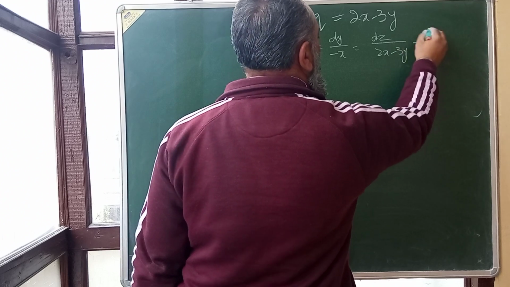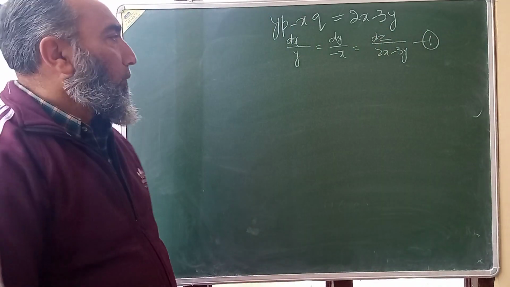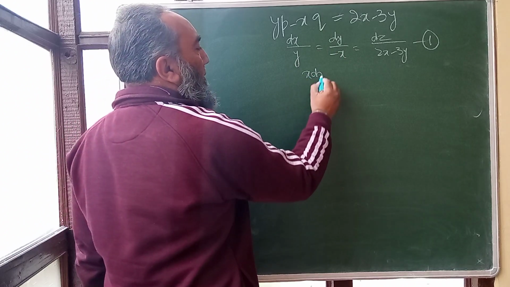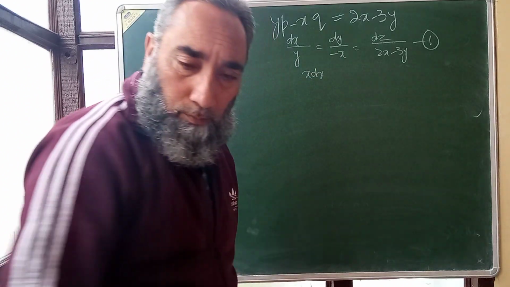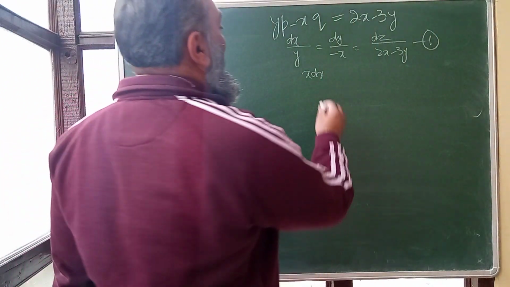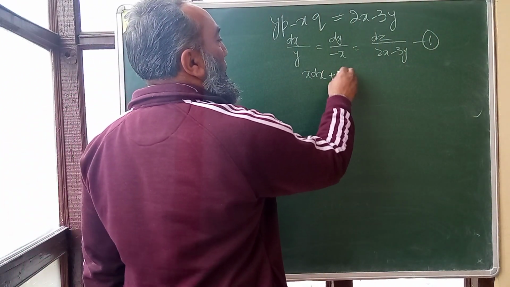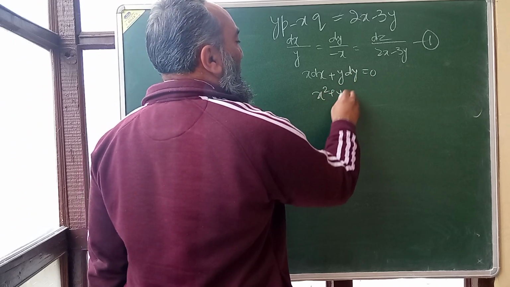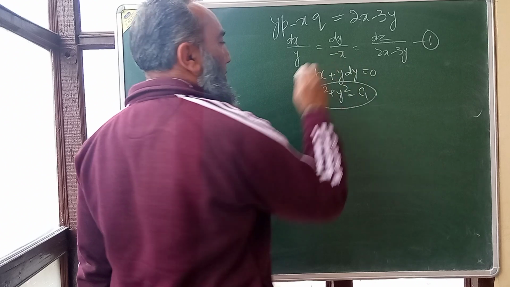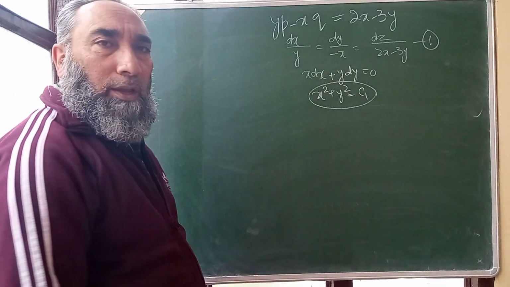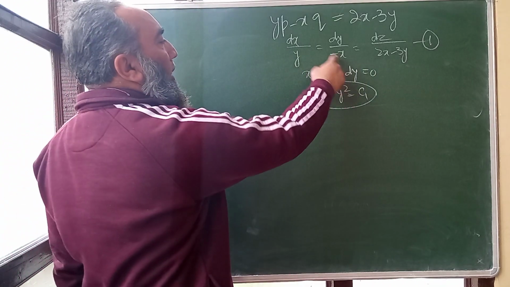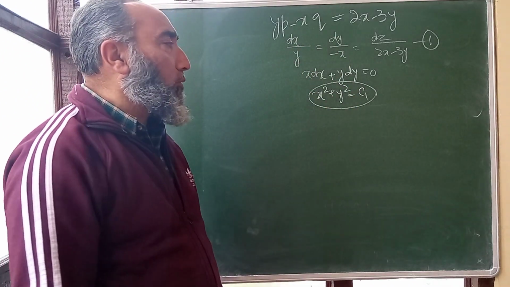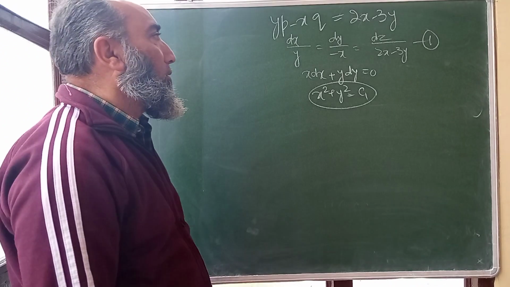Now how to solve it? Taking the first and second fraction together, we will get x dx plus y dy equal to 0, which gives x square plus y square equals c1. So x dx plus y dy equals 0 means x square by 2 plus y square by 2 equals c1 by 2. This is our first solution.